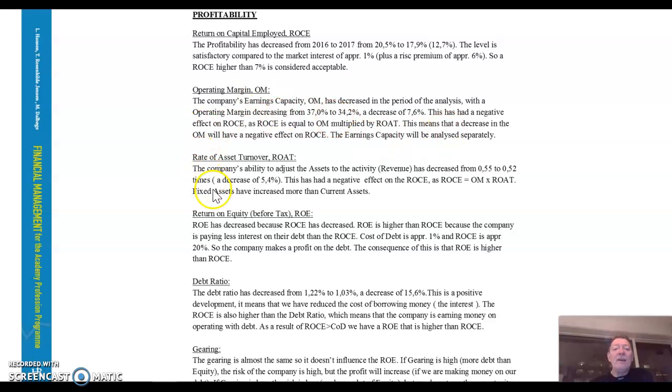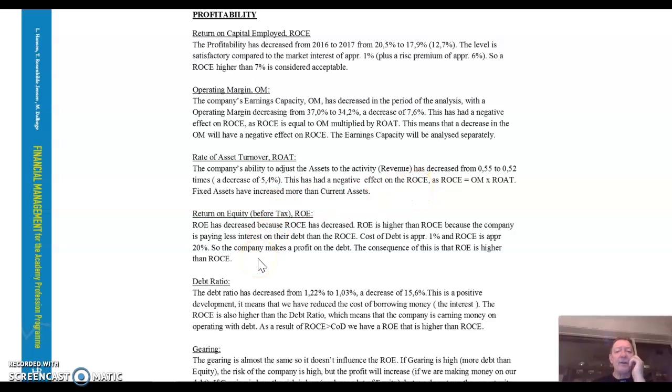Rate of asset turnover is the revenue related to the assets, because an important part of running an efficient business is to make a high revenue related to your assets. The smaller amount of assets you can invest and make the same revenue, the better. So make a comment on this as well. In this case, it has decreased. That has a negative effect on return on capital employed.